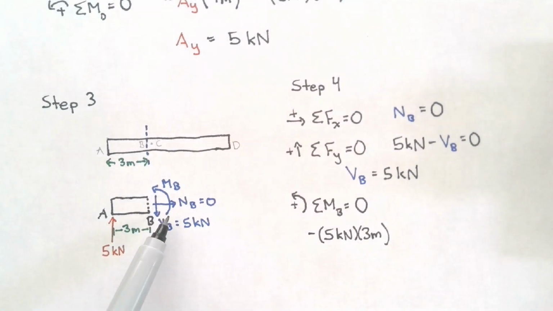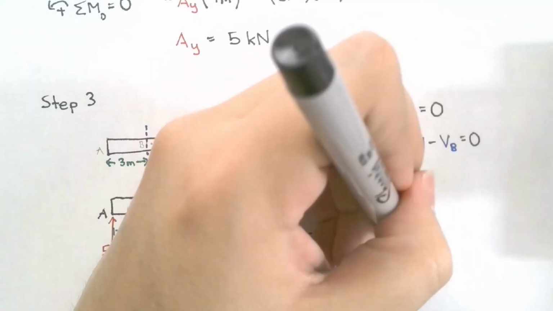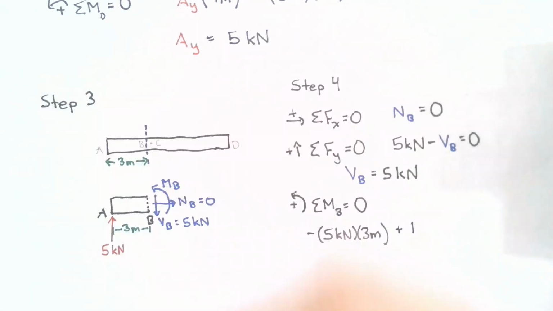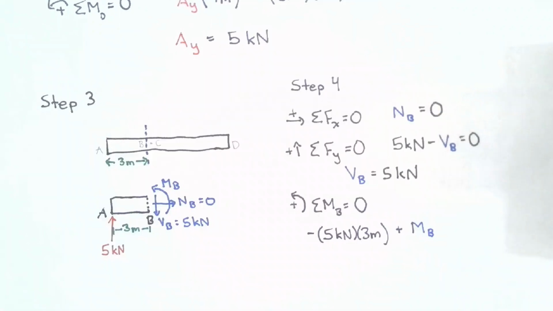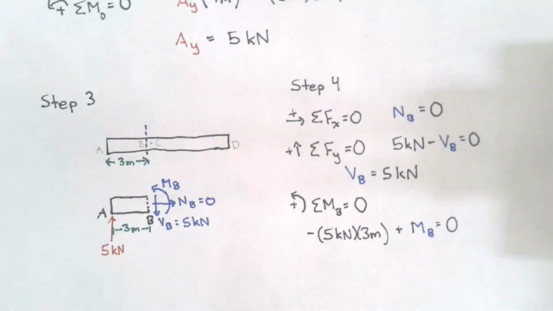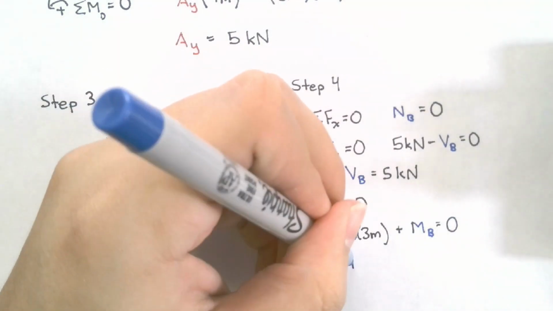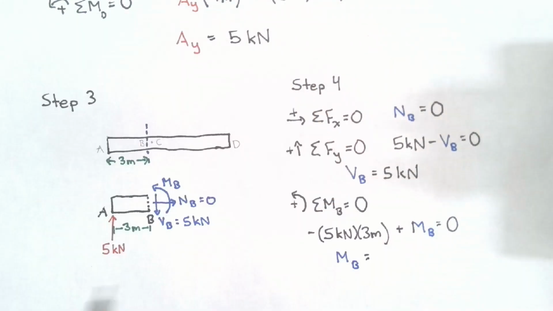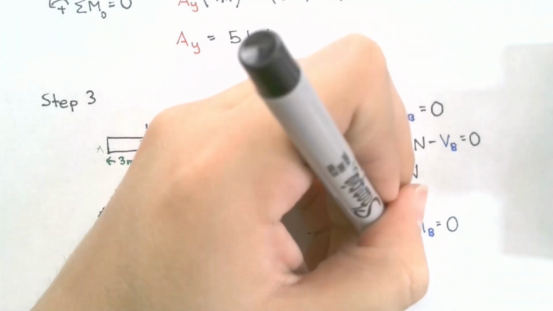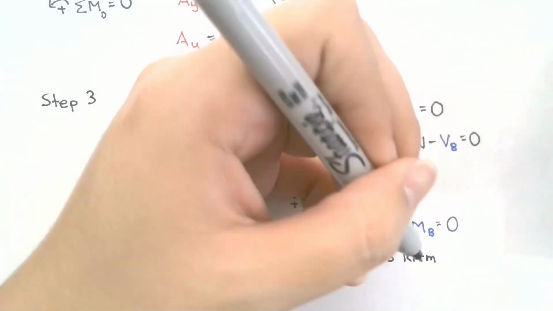Moving on, we have an unknown internal bending moment in the counterclockwise direction, so we'll give it a positive value. Solving this, we get that the bending moment at point B in this beam is equal to 5 kilonewtons times 3 meters, or 15 kilonewton meters.